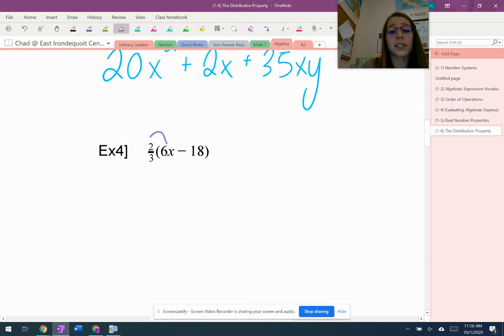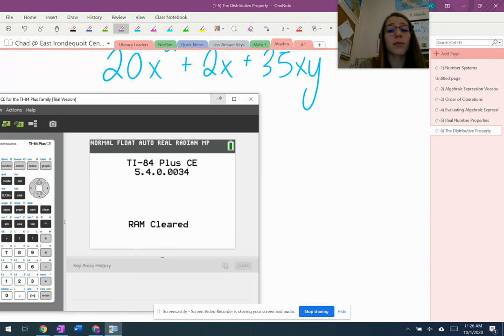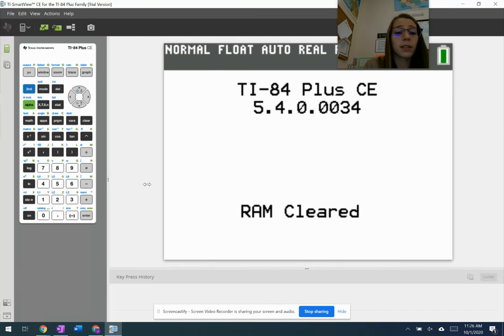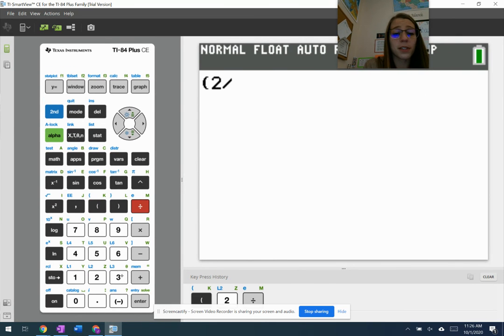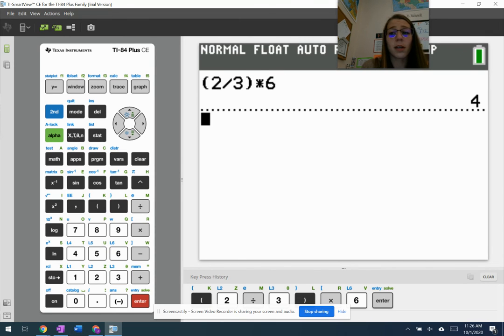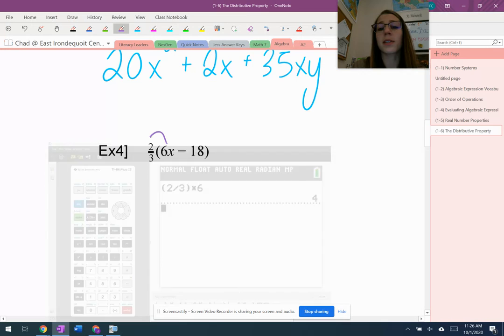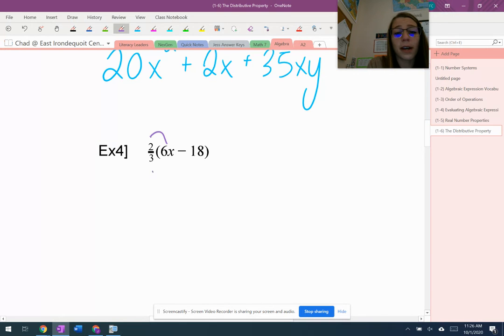So 2/3 times 6 is what I'm trying to figure out. So in my calculator, remember, fractions are put in parentheses. So 2/3 times 6. Enter. 4. Easy peasy lemon squeezy.